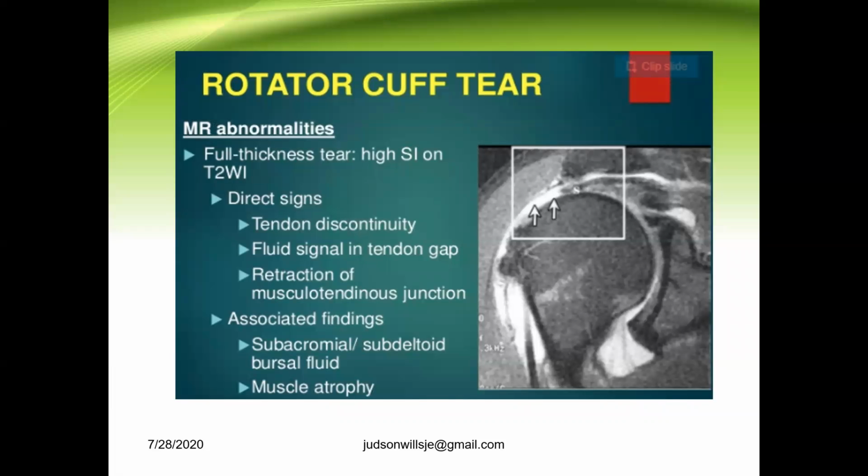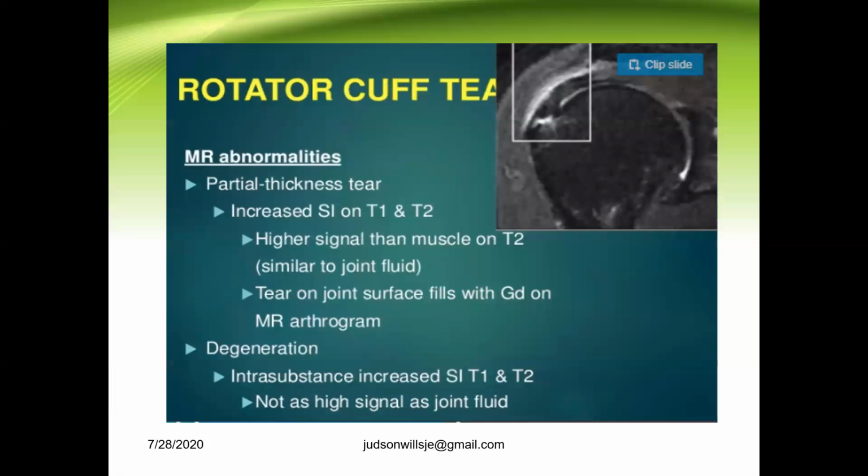The direct signs of rotator cuff tear are tendon discontinuity, fluid signal in the tendon gap, then retraction of musculotendinous junctions. These are the direct signs. And associated findings, that is subacromial or subdeltoid bursal fluid and muscle atrophy, are the indirect signs of rotator cuff tear.